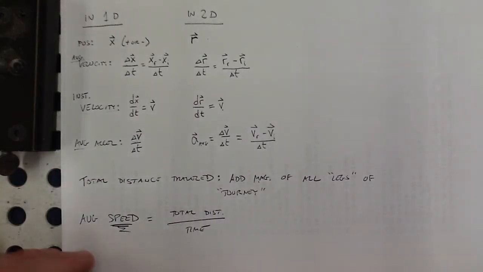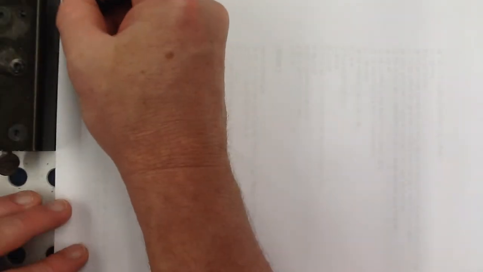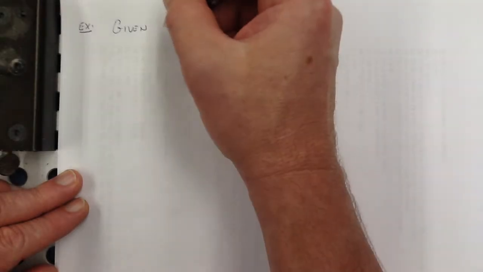Okay, so let me run through one example. And that should be enough. So I'm just going to make up a position function, and then we're going to find a bunch of things.